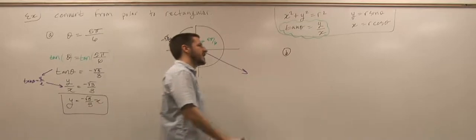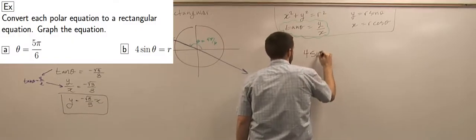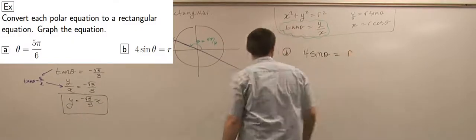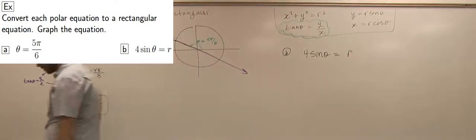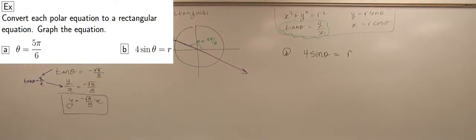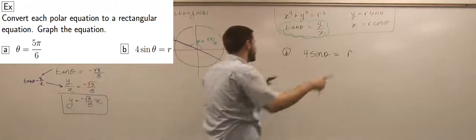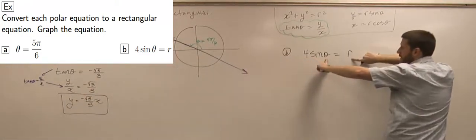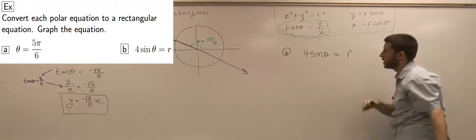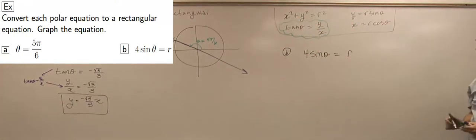What about this guy? 4 sine theta equals r. I'm starting in polar, r theta, and I want to end in rectangular xy. What do you think?